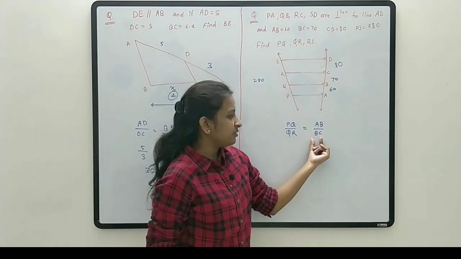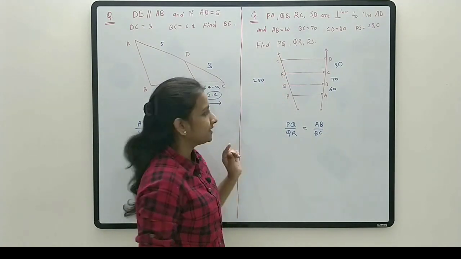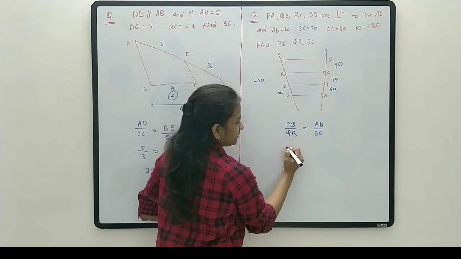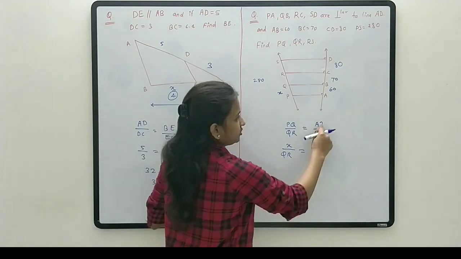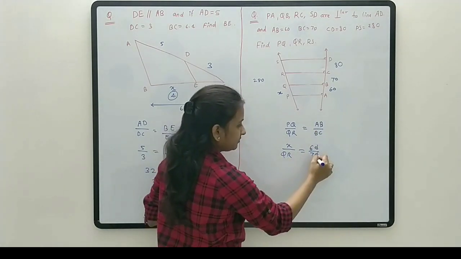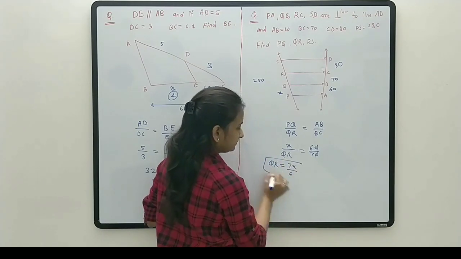We have the AB value and BC value. We don't know these values, we have to find them. Let's take x as PQ. So substitute PQ as x and let's find QR in terms of x. So AB is 60 and BC is 70. So from this we can say QR is nothing but 7x by 6.